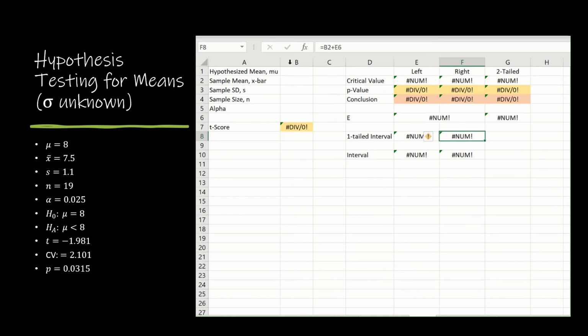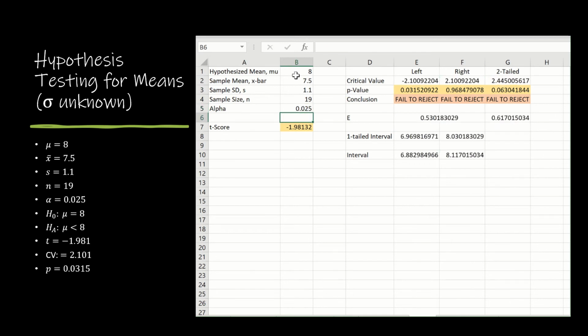All right, we have a hypothesized mean of 8, x bar of 7.5, sample standard deviation of 1.1, sample size of 19, and alpha 0.025. So previously we found t to be negative 1.981. That agrees.